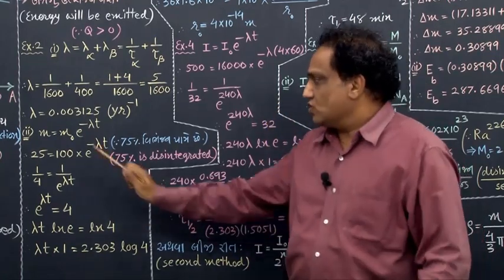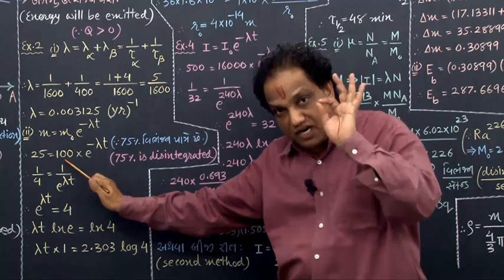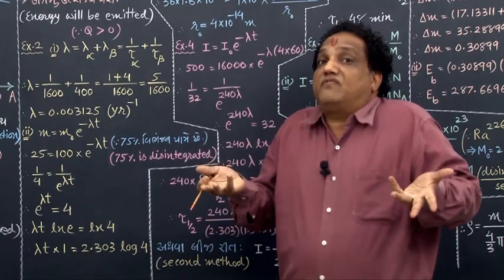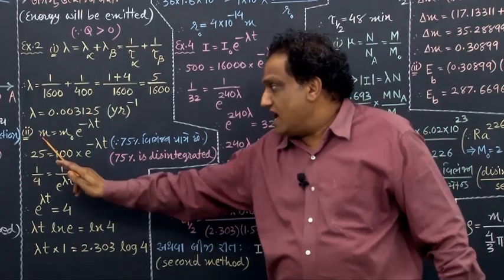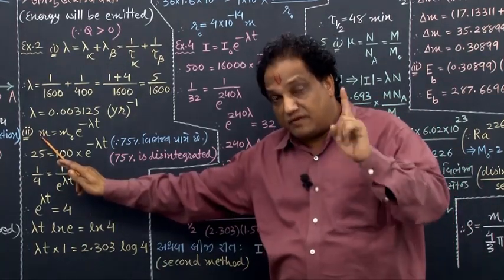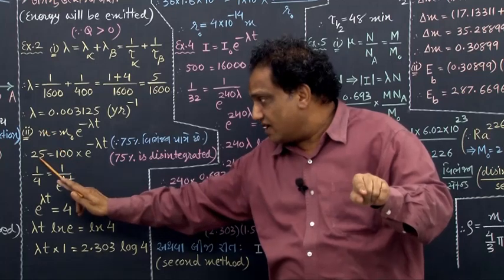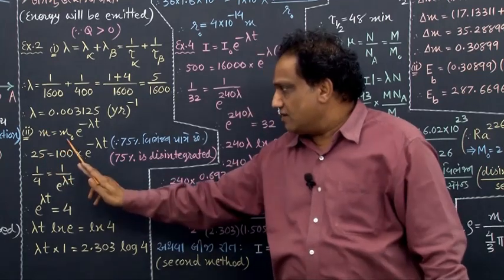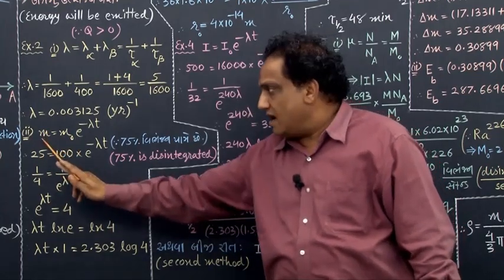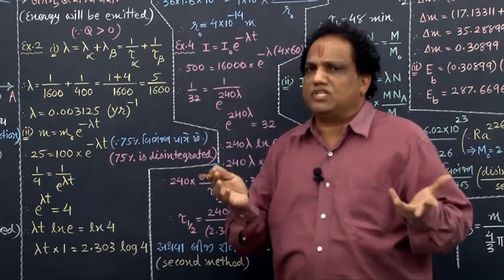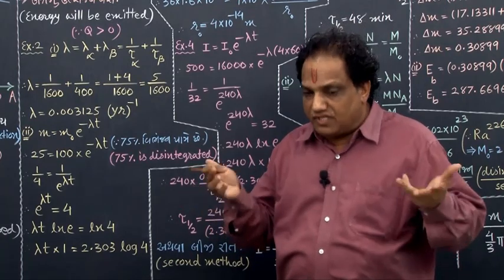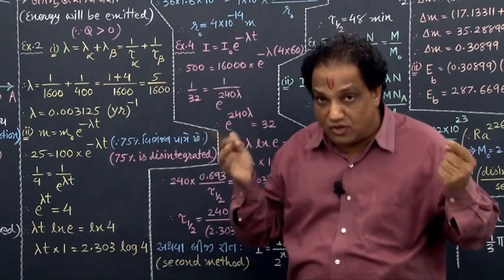Okay, fine. So if I take the initial mass as just 100 units, then what is its 25%? 25% of 100 is 25. So the mass which is remaining undisintegrated is 25, correct? If the initial mass is 100 units, then the undisintegrated mass will be 25 only.